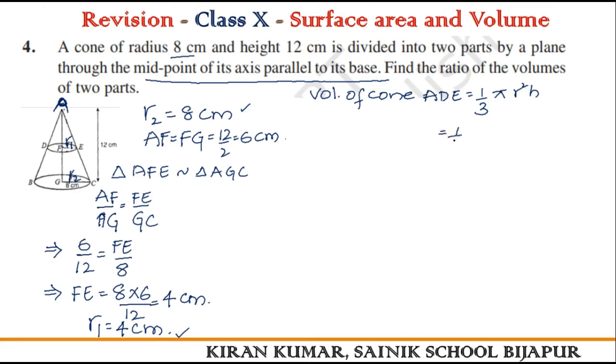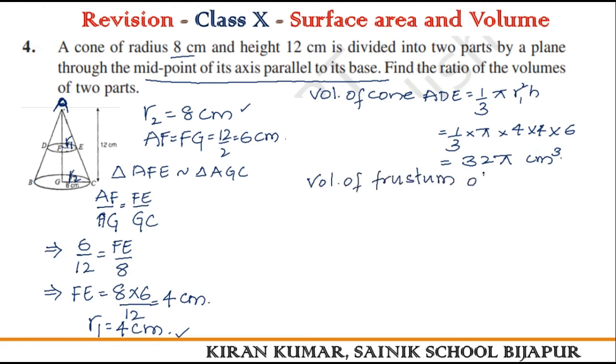Here r is R1 because it is the radius of the top of the frustum, same as the radius of the smaller cone. So 4 multiplied to 4 multiplied to the height is 6. So we get it as 32 pi centimeter cube. Let me find out volume of frustum of cone. I can name the cone as DECB.